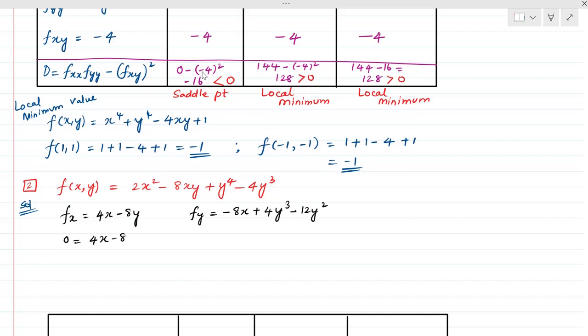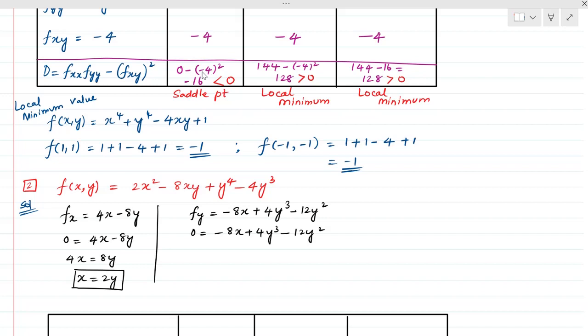You will get 4x minus 8y equal to 0, so 4x equals 8y, divided by 4, you will get x is equal to 2y. I substitute this value in the fy so you will get the y value. So here put it equal to 0: minus 8x plus 4y power 3 minus 12y power 2.